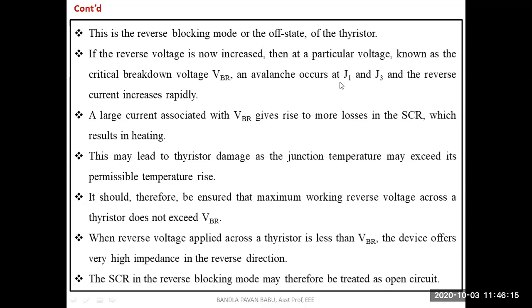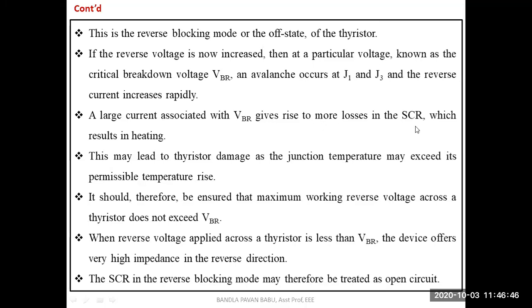That means a breakdown occurs at junctions J1 and J3, and the reverse current increases rapidly. Because J1 and J3 are reverse biased and the current increases suddenly, the switch may fail. A huge amount of current flows in the reverse direction, which should not happen practically. A large current associated with VBR, the reverse breakover voltage, gives rise to more losses in the SCR.